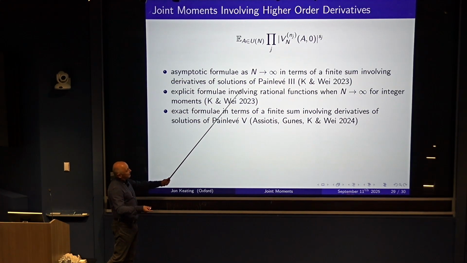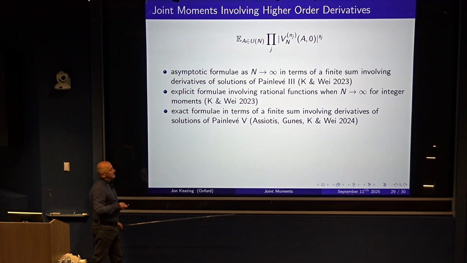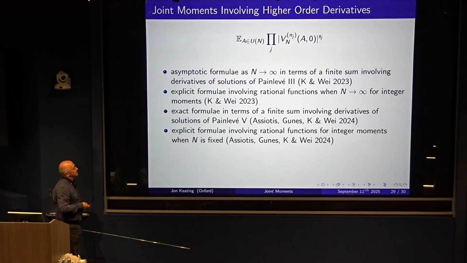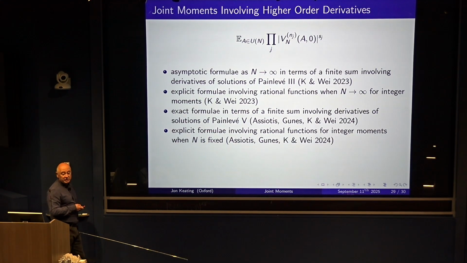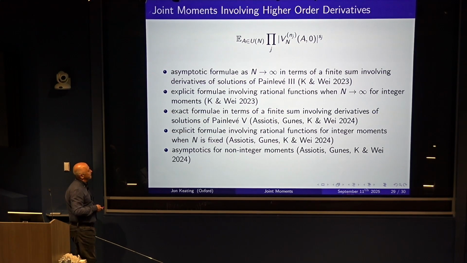You either go directly for the asymptotics, or you go to the exact solution and then analyze its asymptotics, and both give the same answer. And again, in the exact case, you get rational functions appearing, so a very similar structure.